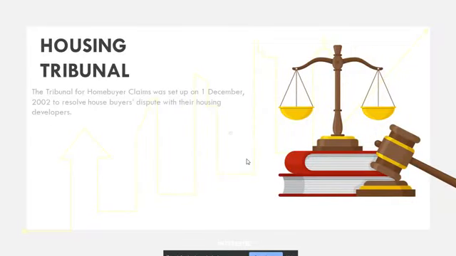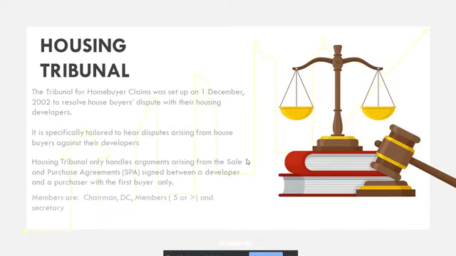Okay, kita ada mention before pasal housing tribunal. So housing tribunal was set up specific untuk mendengar dispute between house buyer dengan housing developer lah, dengan pertikaian atau aduan yang berkenaan dengan developer tersebut.